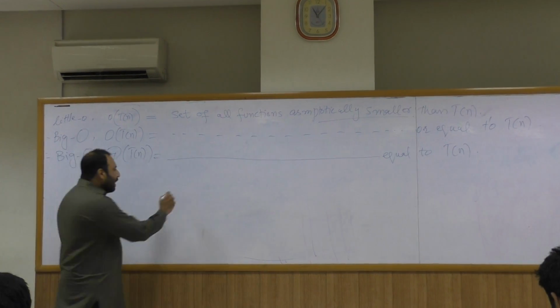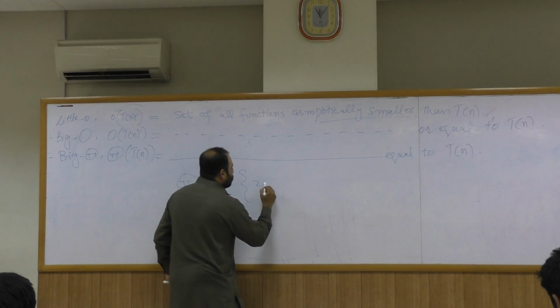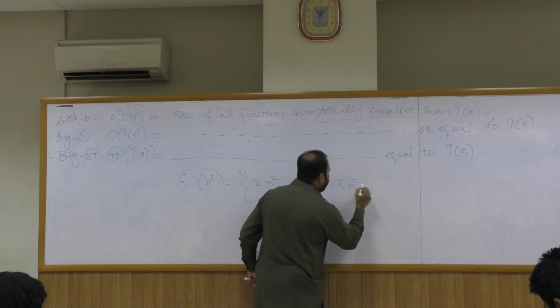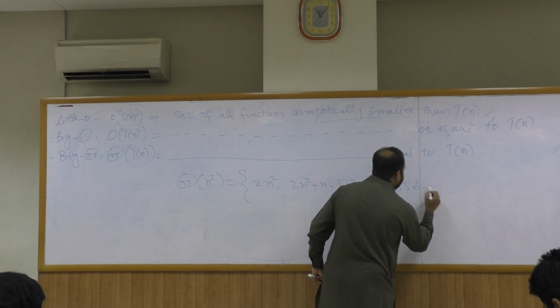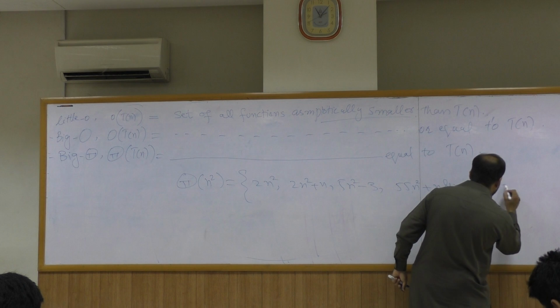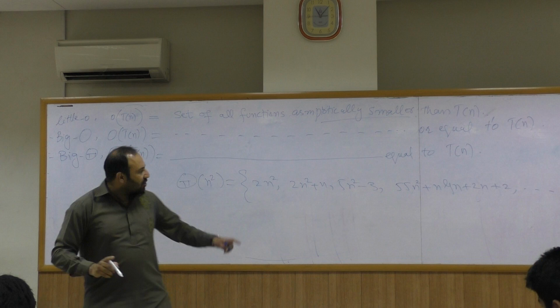For example, theta n square contains 2n square plus n, 5n square minus 3, 55n square plus n log n plus 2n plus 2, and so on.